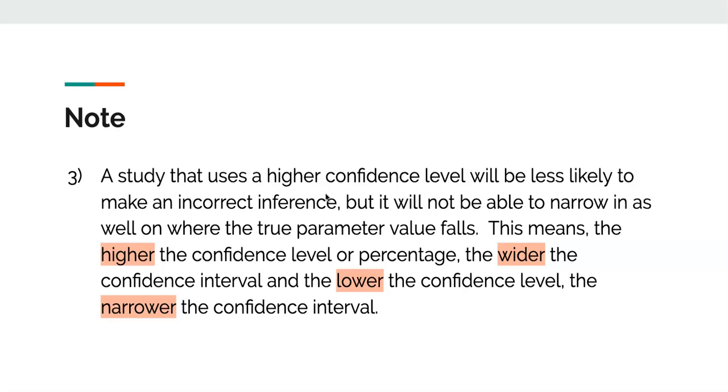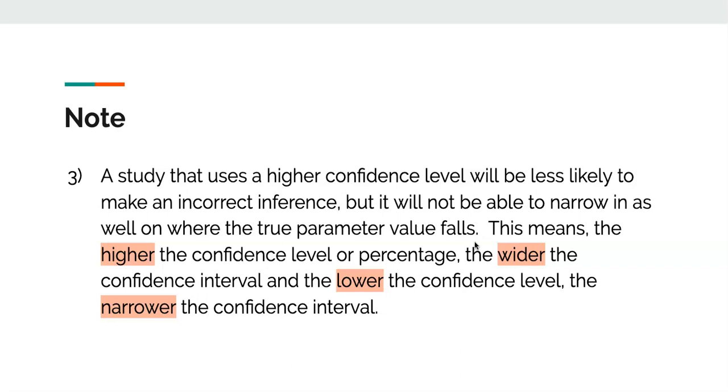All right, a study that uses a higher confidence level, like the vaccine study that we just looked at, where they wanted 99%, will be less likely to make an incorrect inference, but will not be able to narrow in as well on where the true parameter value falls. The example that we had, the interval was from 0.3% to 1%.